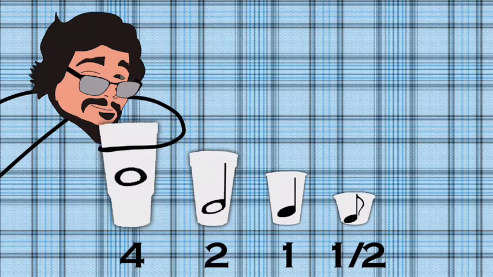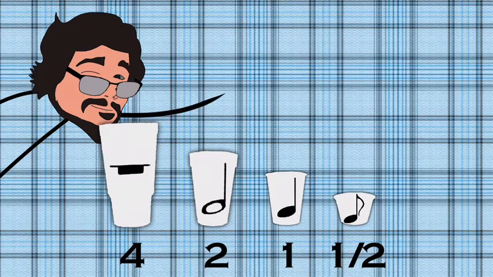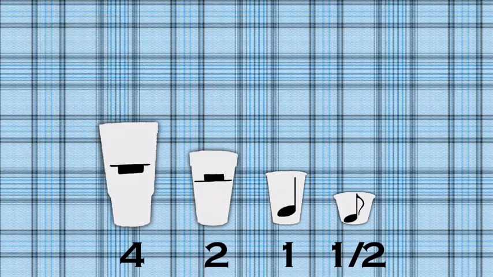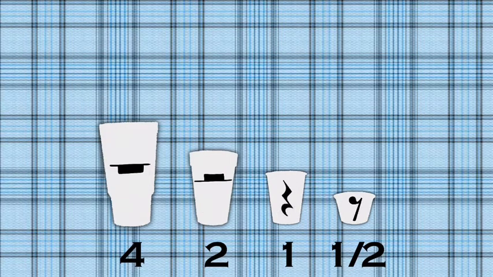So on the back of these cups, if you turn them around, you see that I actually wrote on them the values of the rests as well. So, as you can see, behind the whole note cup, you have the whole note rest. Behind the half note cup, you have the half note rest. And of course, behind the quarter note cup and the eighth note cup, you have the eighth note rest and the quarter note rest.